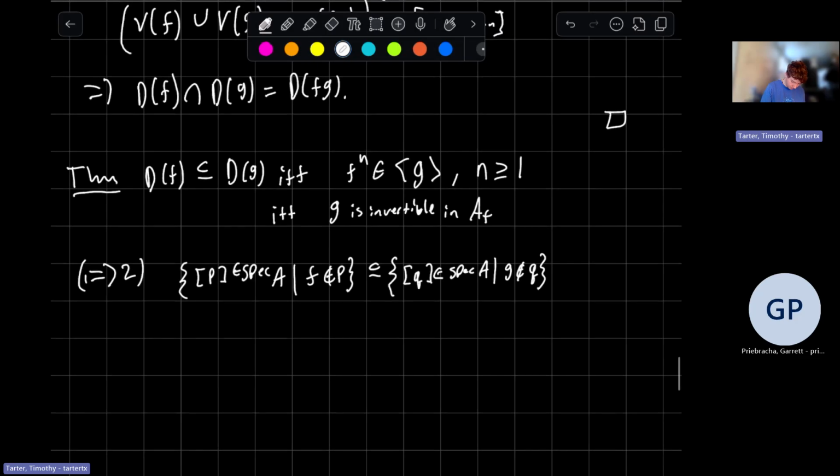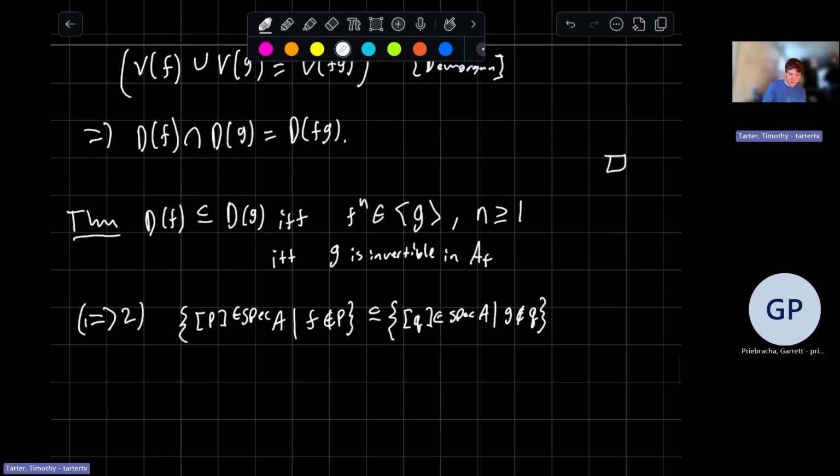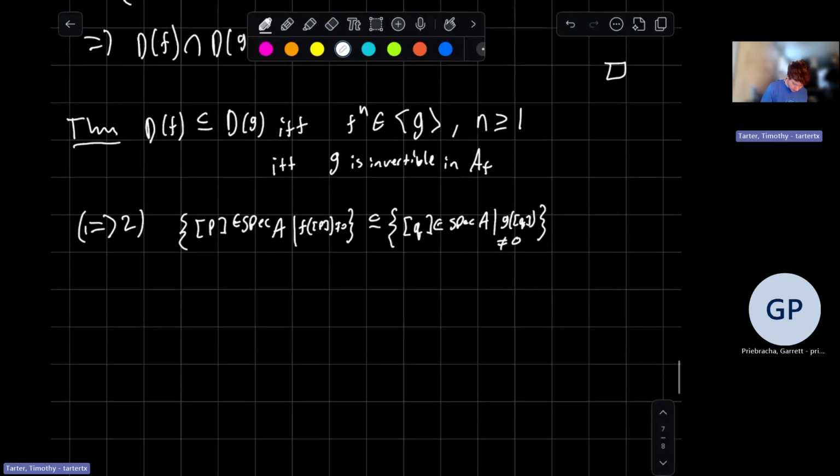Or rather, I'm going to write this the alternative way. f of P is non-zero, and g of Q is non-zero.